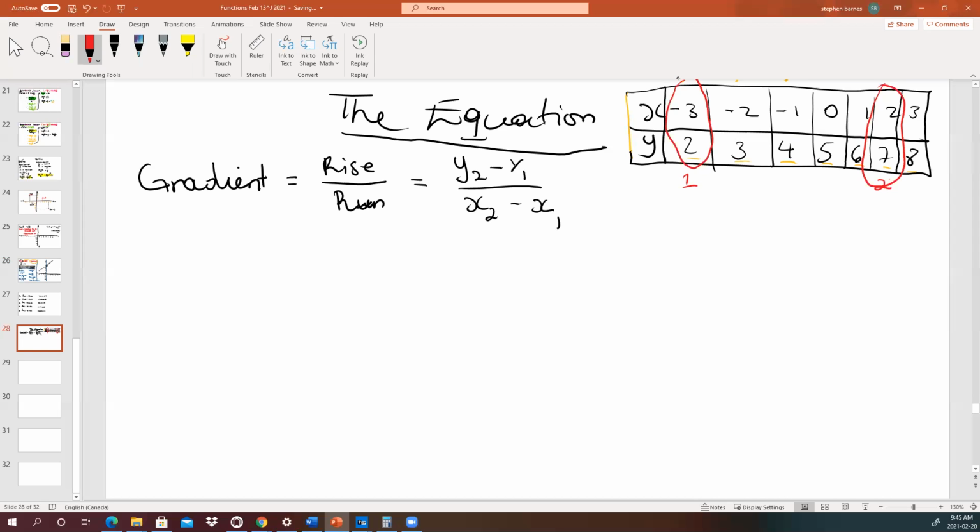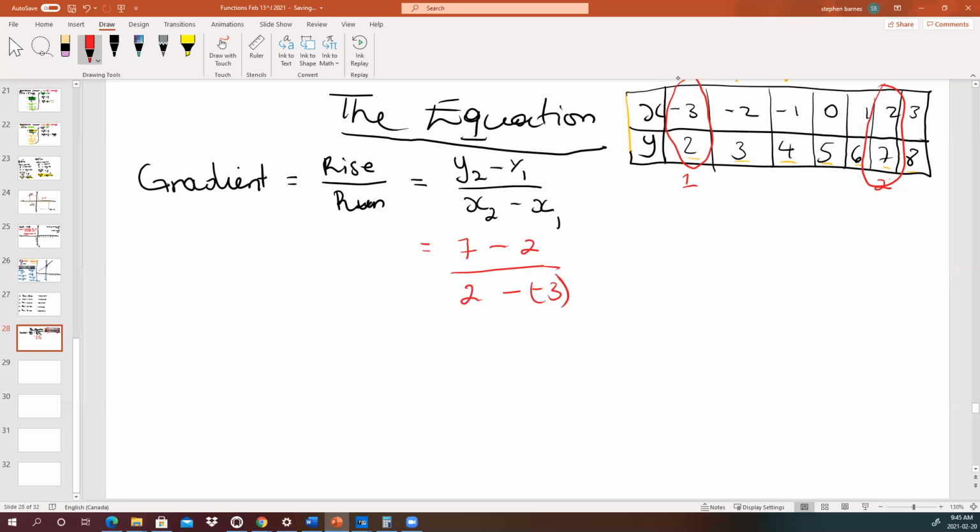So let's work it out. So y2 I have equals to 7, minus y1, which is positive 2, and it's all over x2, which would be 2, so I get that 2 from up here, minus x1, which is negative 3, so I have to put that negative 3 there.